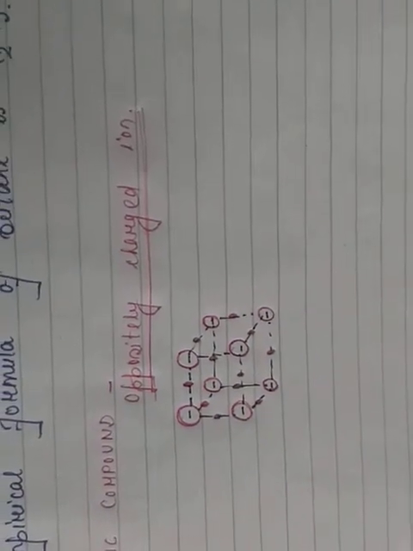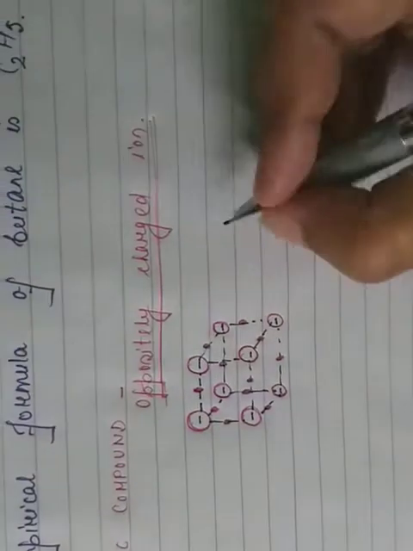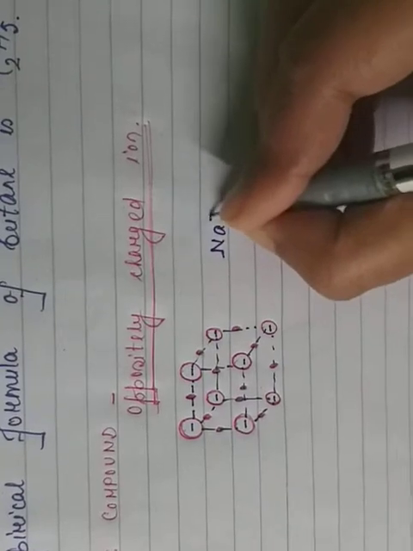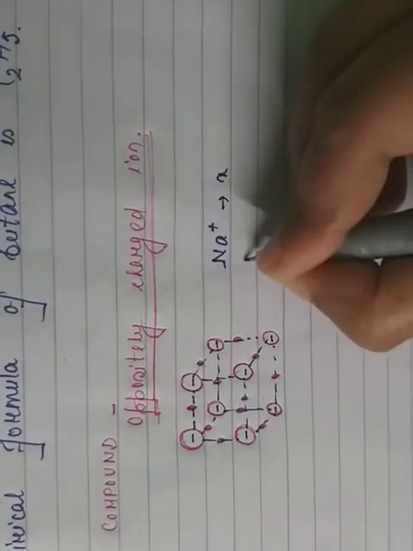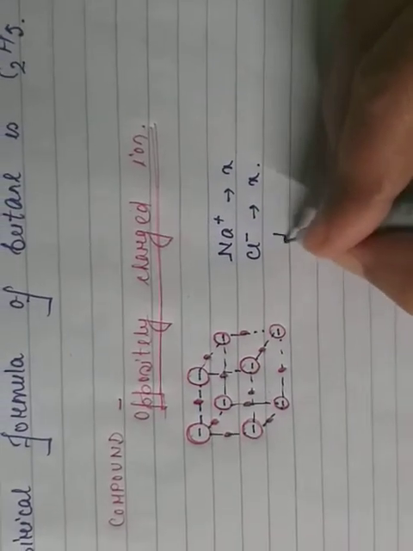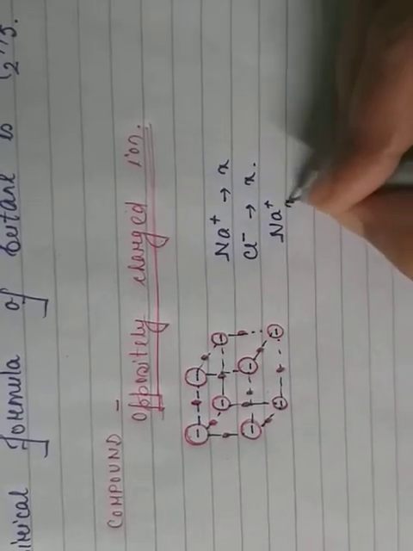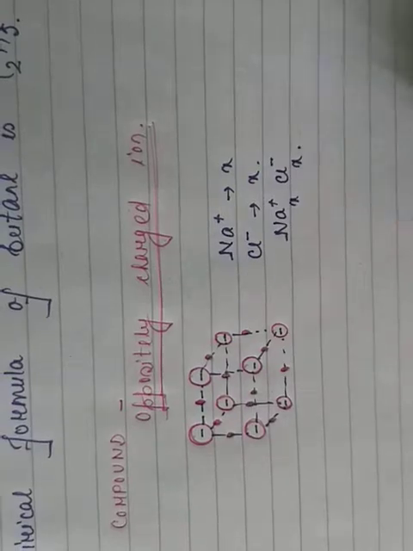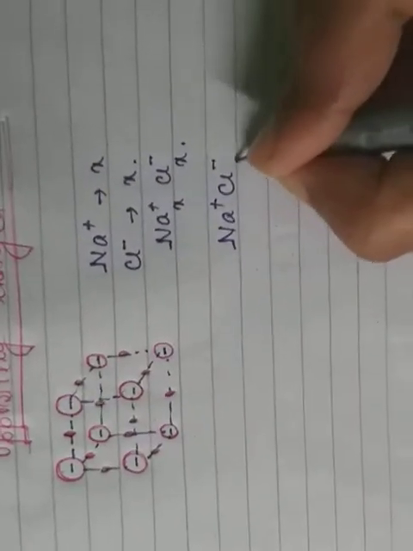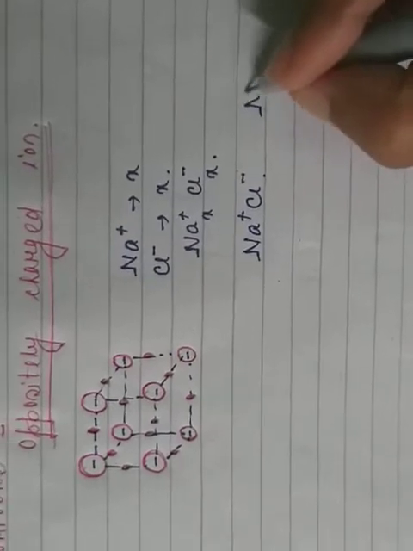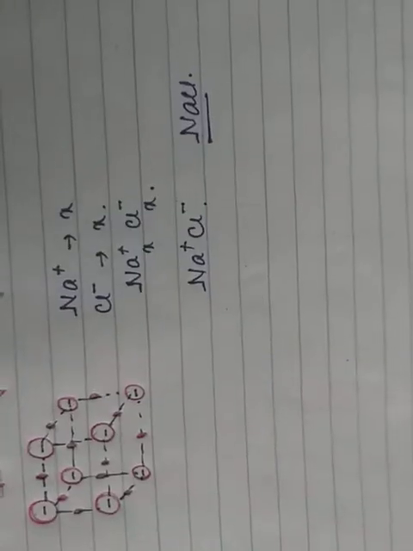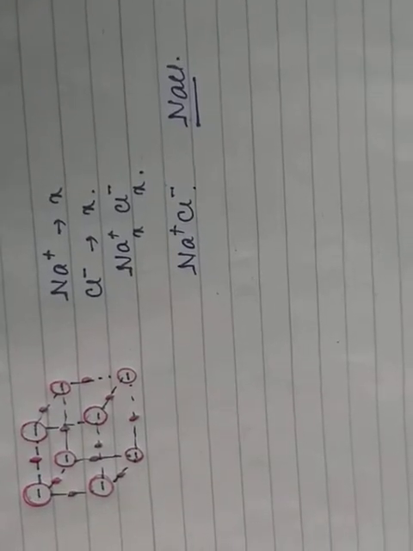What we actually find is that whatever the number of Na plus, let it be x, we have an equal number of Cl minus. So in a crystal it is Na plus x, Cl minus x, and the simplest whole number ratio here is Na plus to Cl minus, so finally the representation is NaCl. So these are the examples of empirical formula.